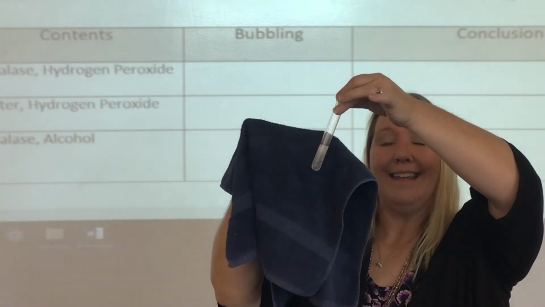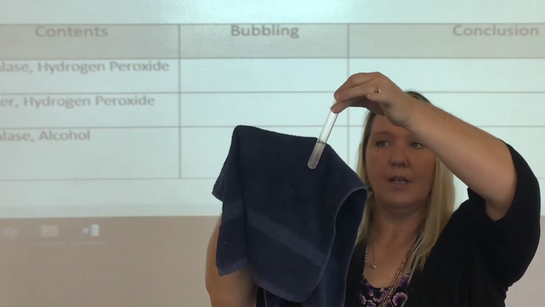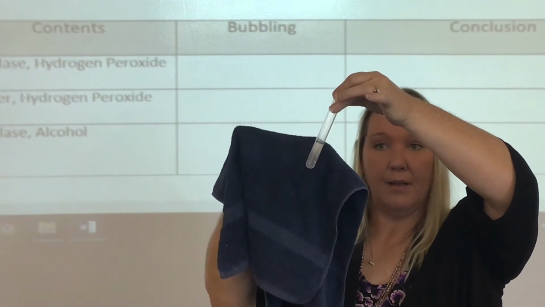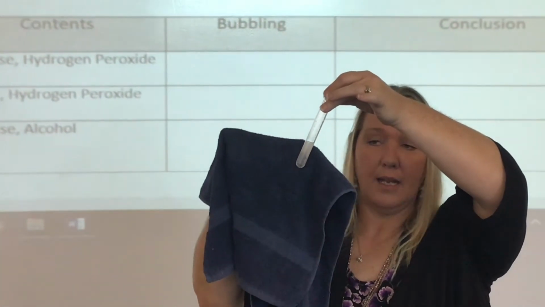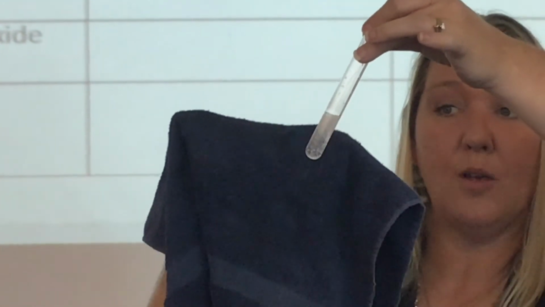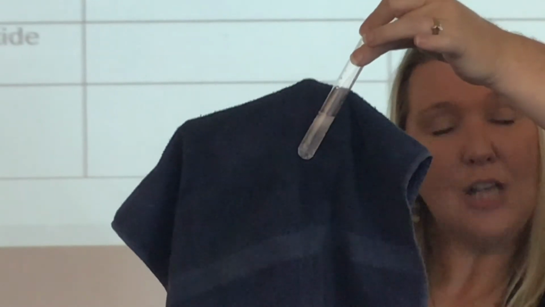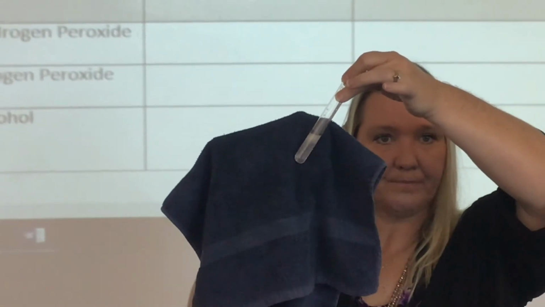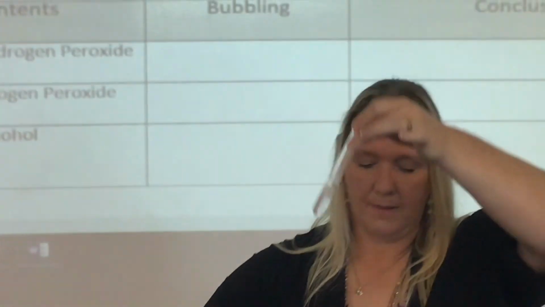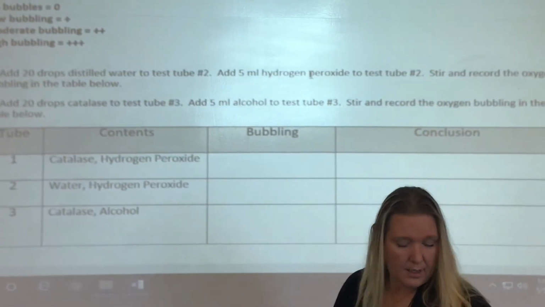The enzyme catalase is attaching to hydrogen peroxide and speeding up the reaction of it breaking down. And it breaks down into water, which is clear liquid, and releases oxygen gas, and that's all the bubbles. All right, so that's the reaction that is occurring.